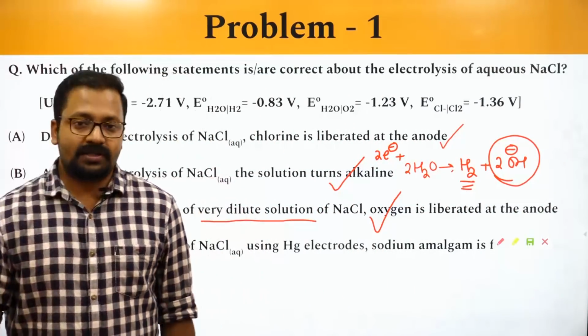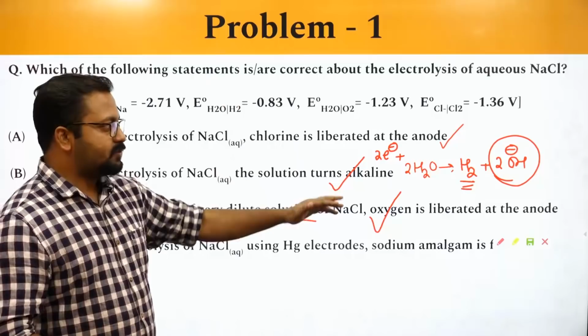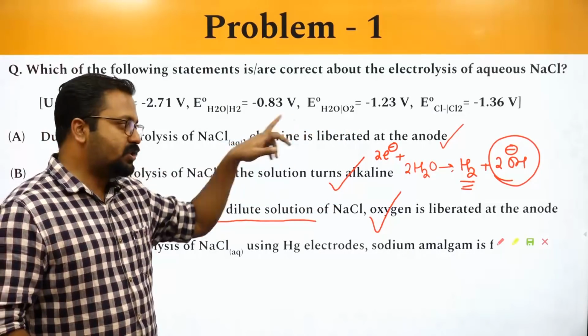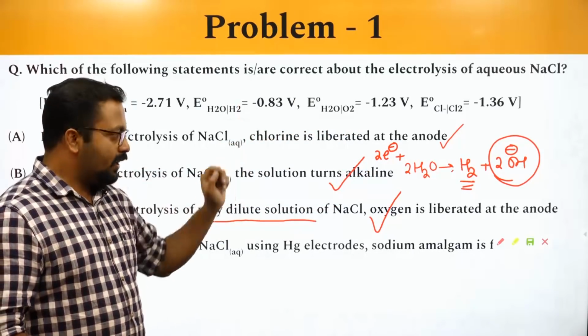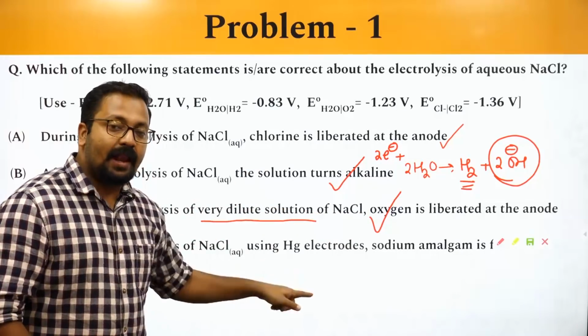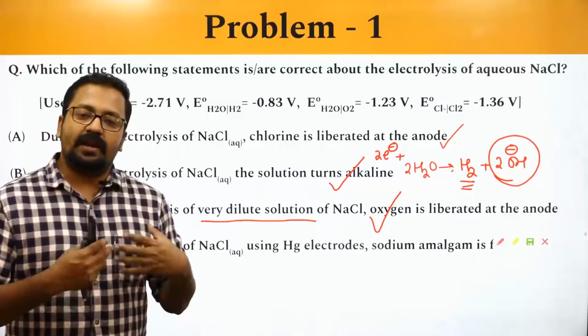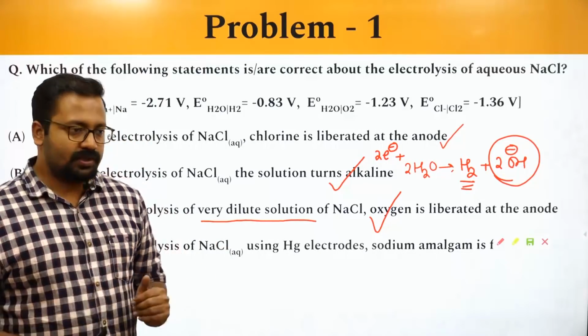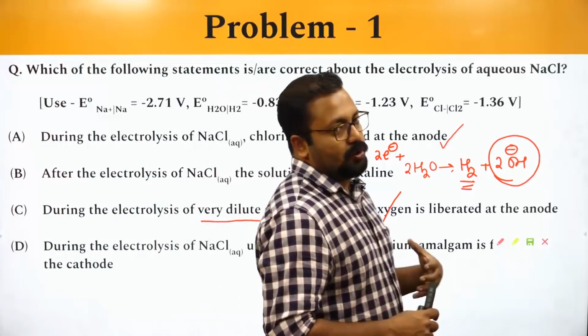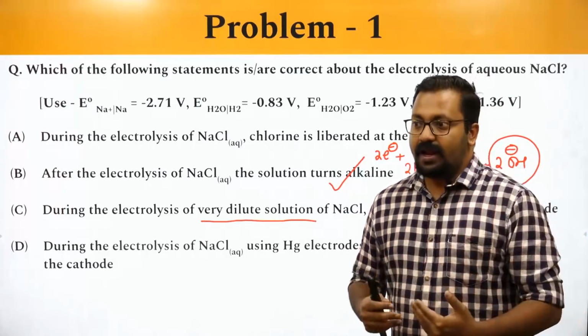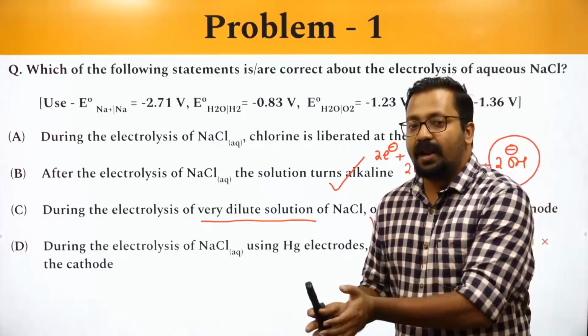Of the 4 points I've illustrated: discharge potential, overpotential, concentration, and the last point was reactive electrodes. A reactive electrode is one which can react with the component which is produced. Now, mercury electrode will induce formation of amalgam.